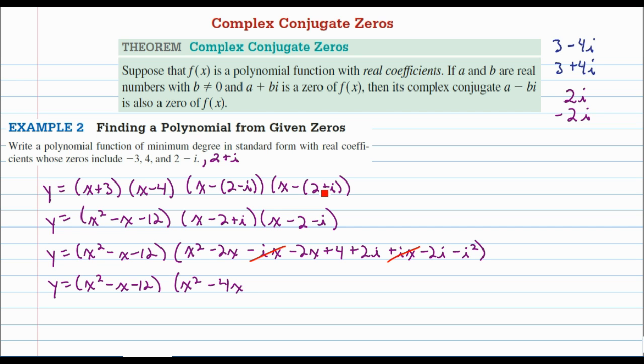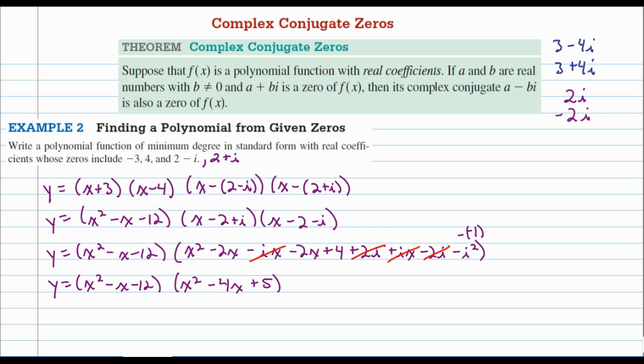Remember? 2 minus i, 2 plus i. Then, again, positive 2i and minus 2i disappear because of complex conjugates. Now I have this 4 that's left and a minus i squared. Well, i squared is negative 1, so this is really minus negative 1, which is a plus 1. So I have 4 plus 1, which is 5.